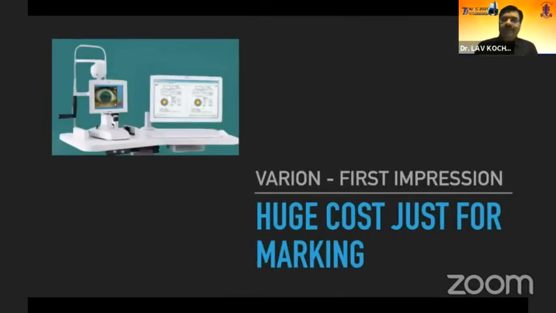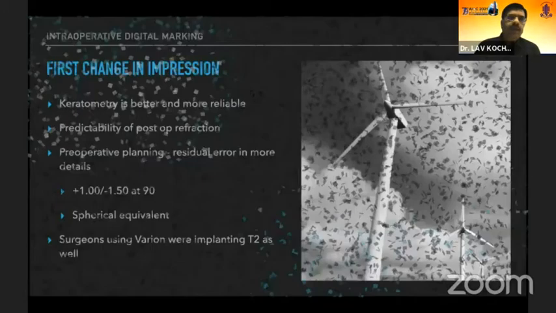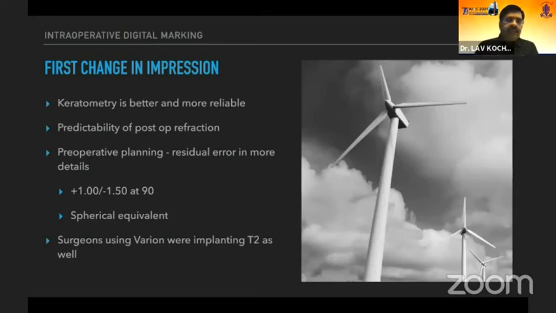So it's few years back when we first had this machine, and my first impression was that it is such a huge cost just for the marking. And that time the impression was that it is mainly for toric IOL marking. But then there was a change in the impression when we got to know about the machine much more.